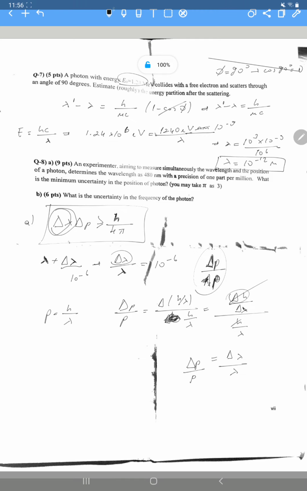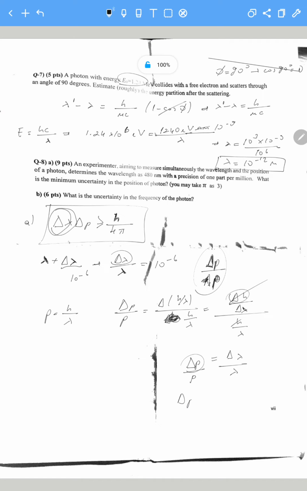These are constants. So now that we just have p as h over lambda, if it makes sense to you. Now since we have this, we need to find the uncertainty in p equals h over lambda.